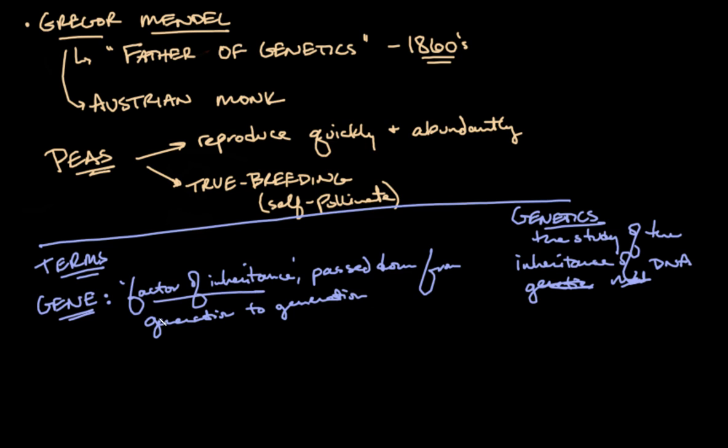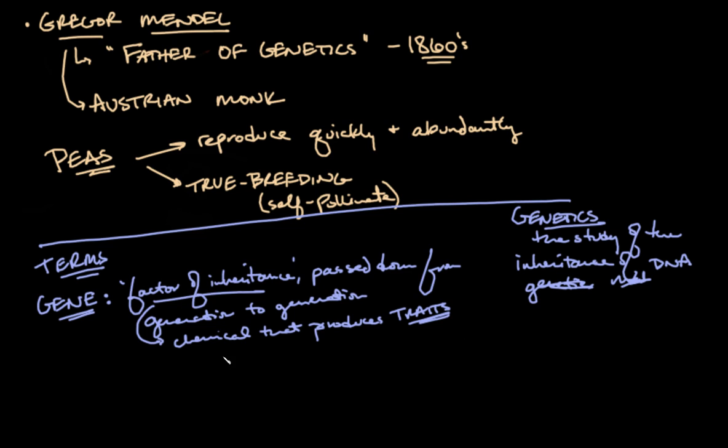But that factor of inheritance is really a chemical that produces, here's another word, traits. Okay? It produces traits. So, I have to break this down, right? I cannot let this go because you know a little bit about this. So a chemical that produces traits.